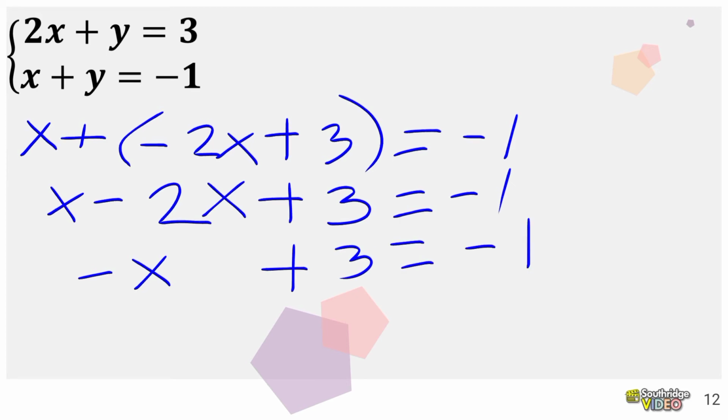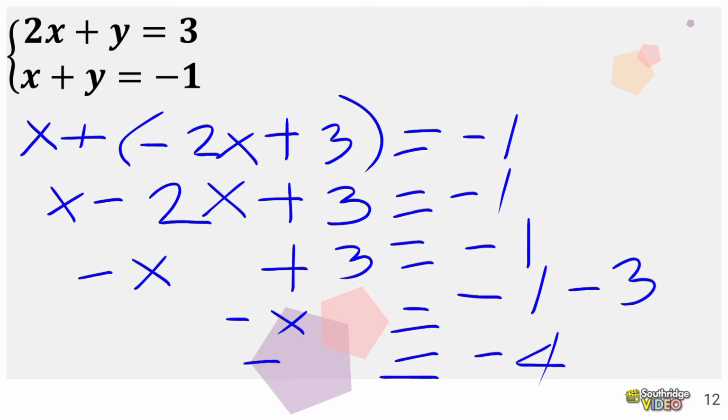By the addition property, we can add negative 3 to both sides. So your negative x will have negative 1 minus 3. What is negative 1 minus 3? That is negative 4.